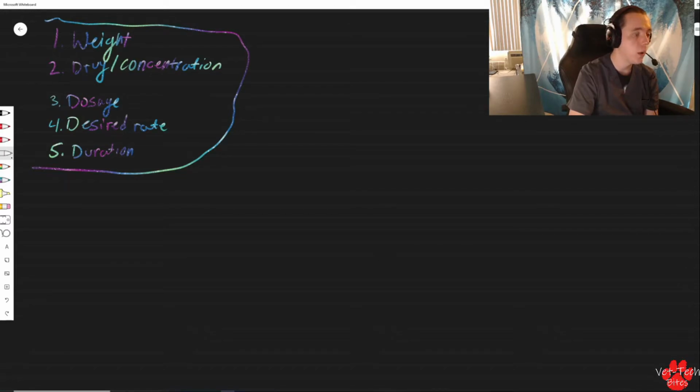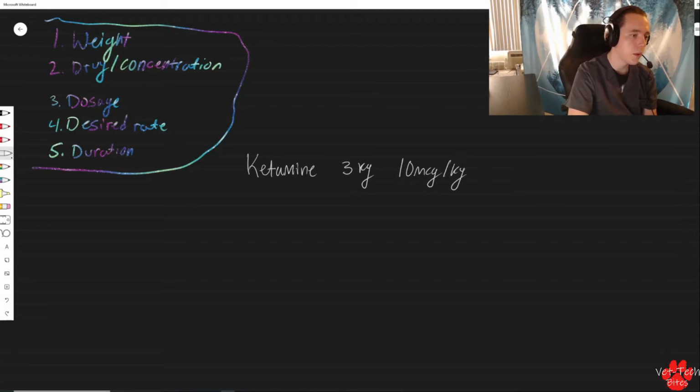So we have our doctor ordering a ketamine CRI for our 3 kg patient, and she would like it running at 10 mics per kg per minute. She would also like the CRI running at 1 mil per hour for a total of 4 hours.